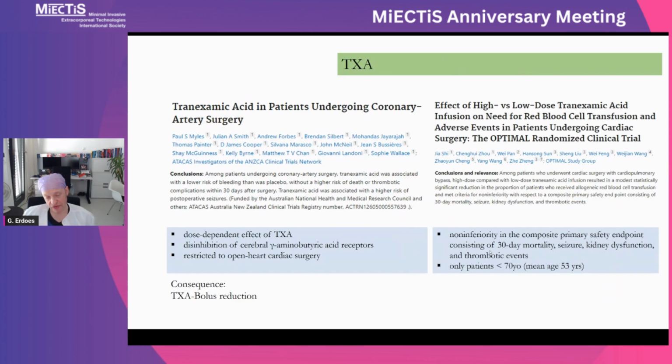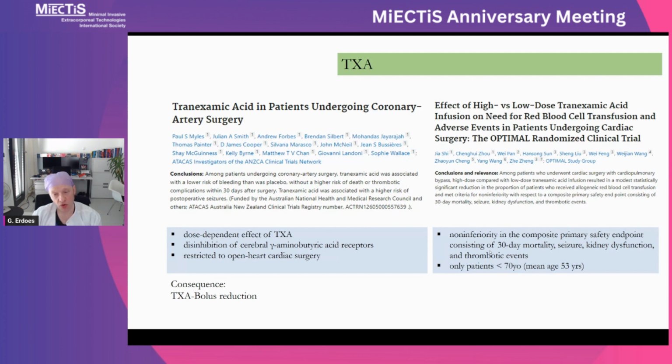Let's talk about different substances. Tranexamic acid, I suppose everybody of us is using tranexamic acid. There are many studies in the literature. We know that there's a dose-dependent effect of tranexamic acid, and we know also that tranexamic acid can be associated with seizures, especially in open heart surgery.